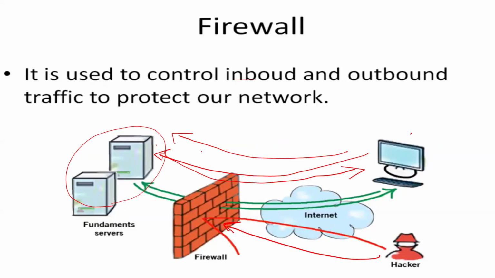If the traffic is coming from a hacker, the firewall has to block that traffic. And if it is from a trusted user, the firewall has to allow it. So there are some predefined rules. So we need to set the rules in the firewall to protect the network.